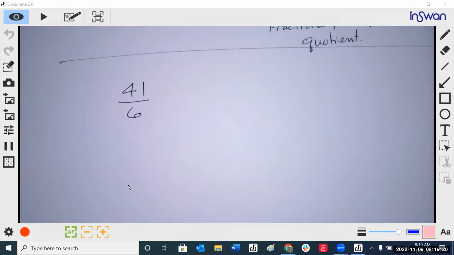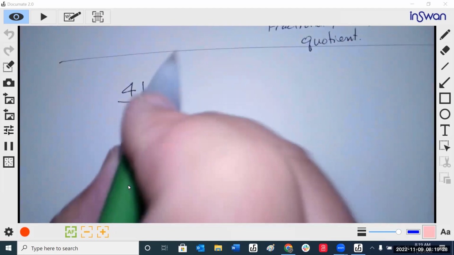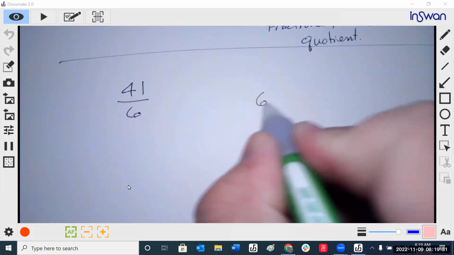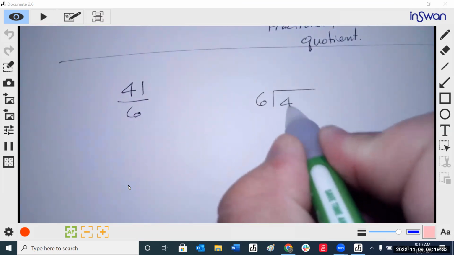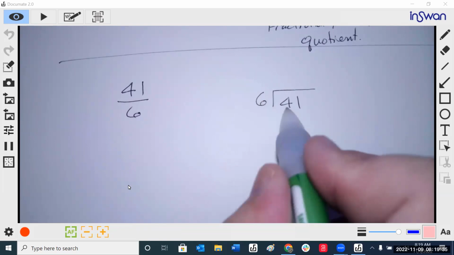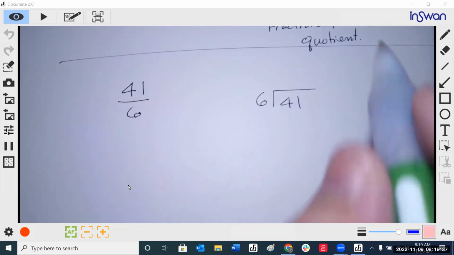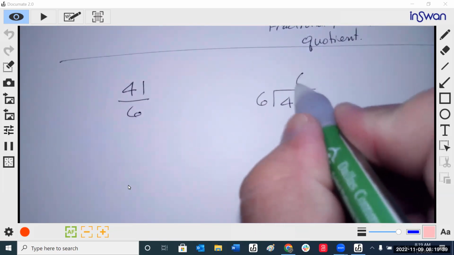How about that one? So we have, right, 6 goes in there, exactly. It can go in there 5, but there's more. So we'll go in there 6 times.